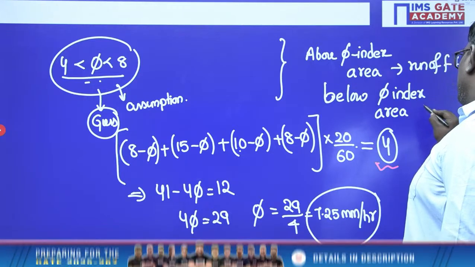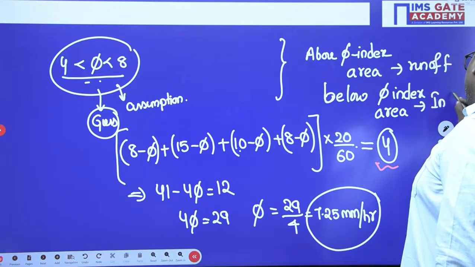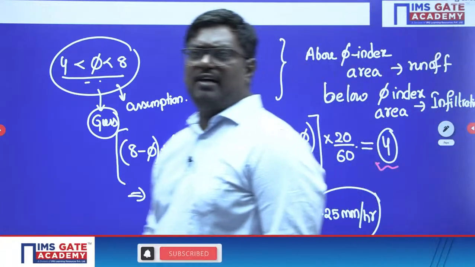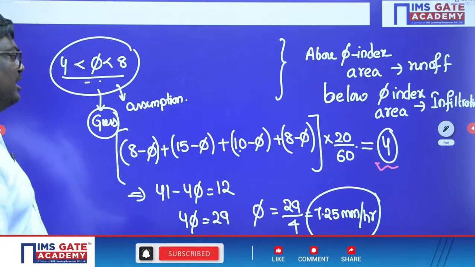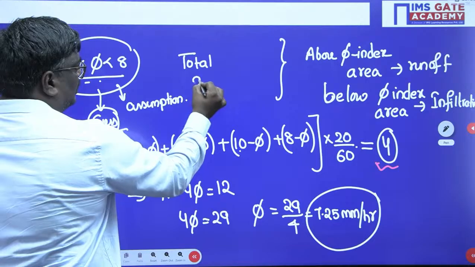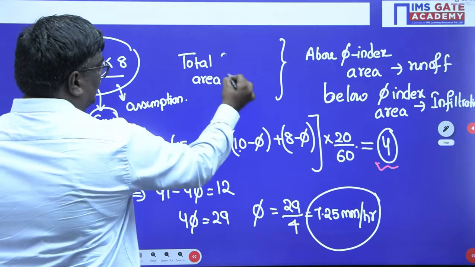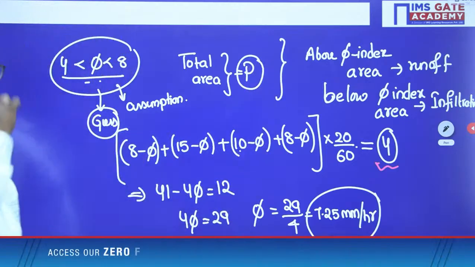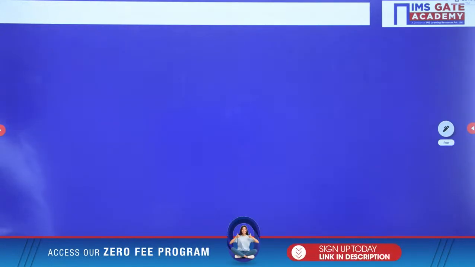If you add infiltration and runoff, you will get the total precipitation. So the total area of the diagram, not above the 5 index or anything, gives the precipitation. I hope you are clear with this problem.